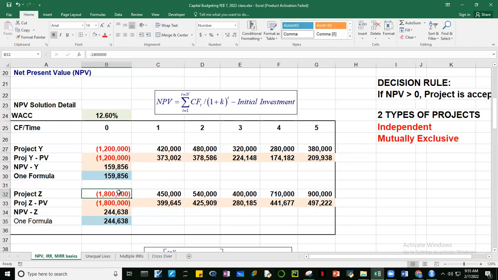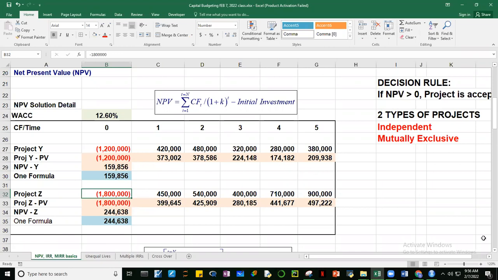Let's say they have 3 million available, then they can push through with project Y and project Z, because the initial investment requires a total of 3 million. If that's not a constraint limitation, then they can push through with project Y and project Z.